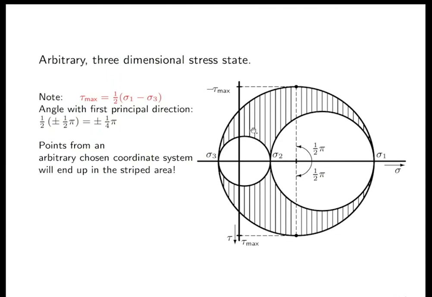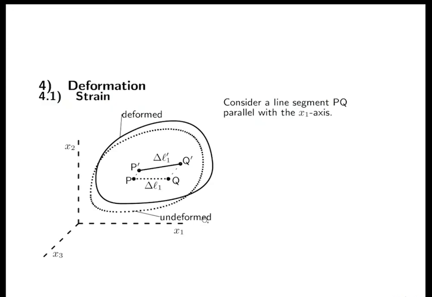If you have three-dimensional space, then you deviate from the circles, but you cannot get into these inner circles. You cannot get out of the outer circle, but your stress can live in any of the points in the dotted area. Okay, working with three-dimensional Mohr circles is much more advanced, and we don't do it. We don't ask it from you. Just for completeness, I was pointing this out.